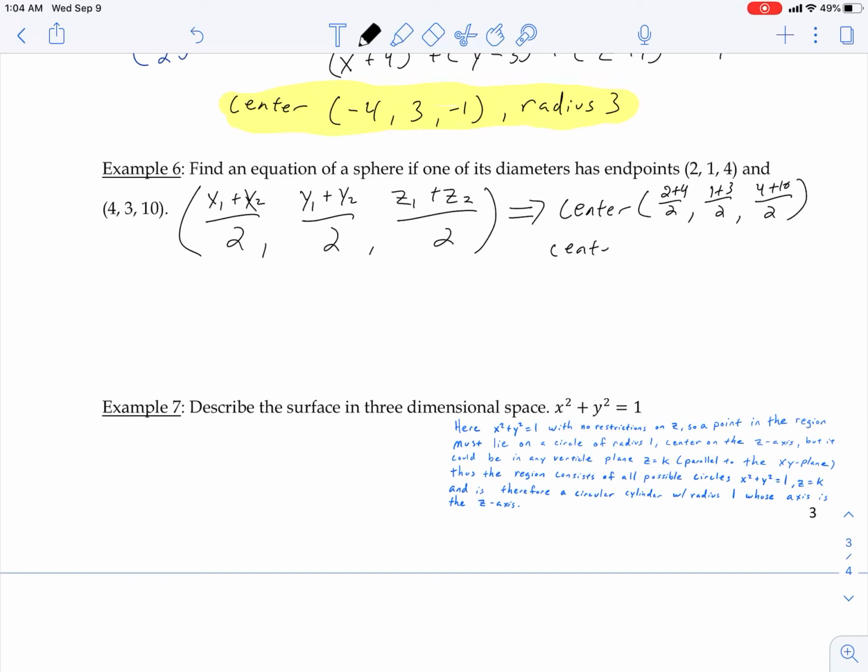So that gives us a center of 6 divided by 2 is 3, 4 divided by 2 is 2, and 14 divided by 2 is 7. So we have a center of (3, 2, 7).